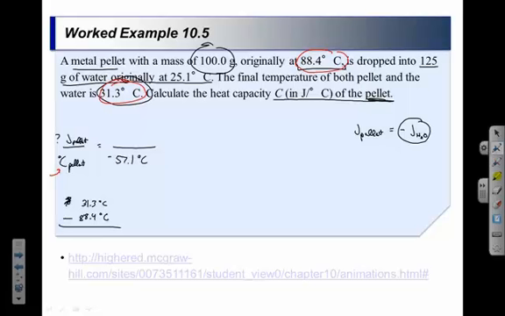So if I want joules for the pellet, I can start with the heat capacity of the water, which needs to be given. That's 4.184 joules per gram Celsius for the water. So I can put that in here: 4.184 joules absorbed by the water per gram of water per degree Celsius that the water changes.